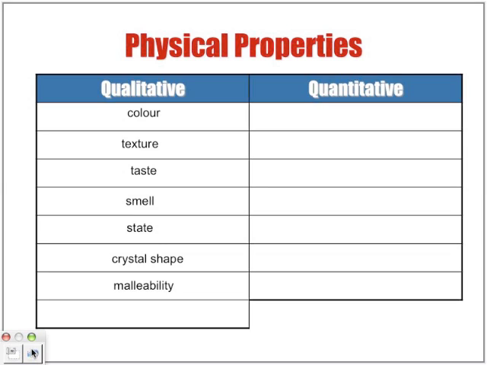Metal can bend, but if I was to bend glass, it would shatter. And there's the ductility, which is how the matter reacts to stretching.